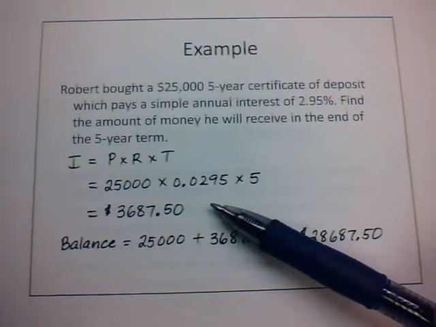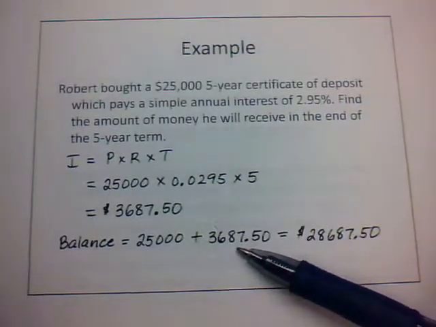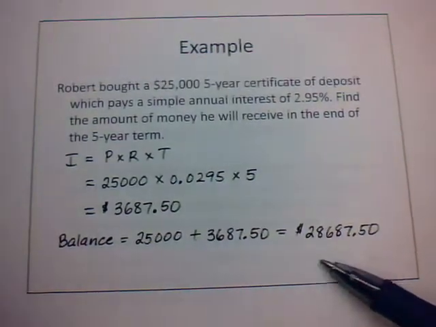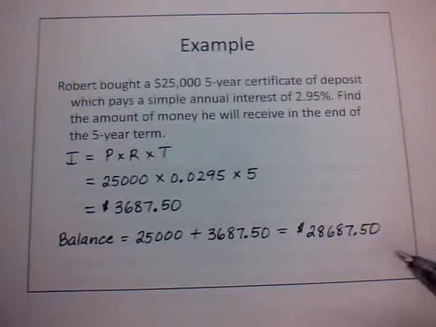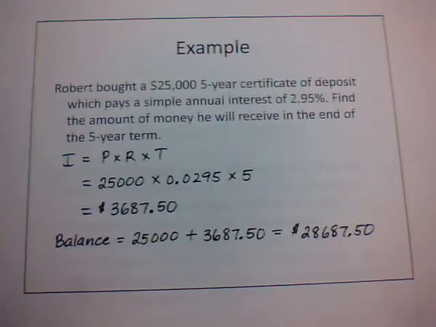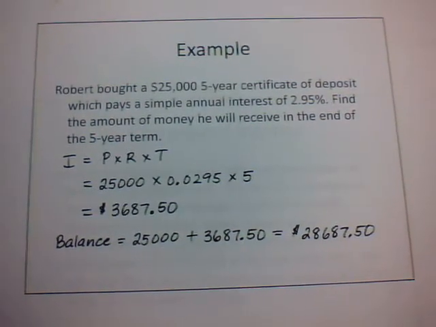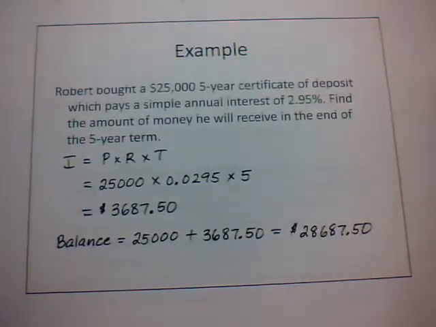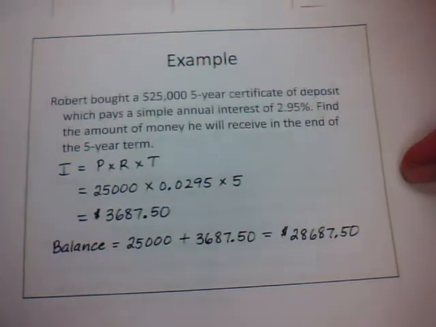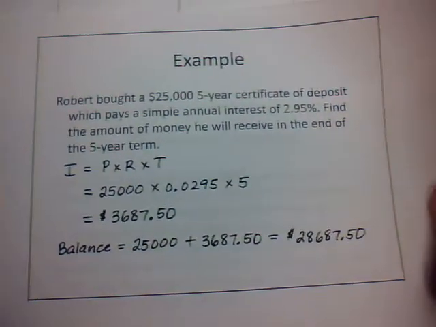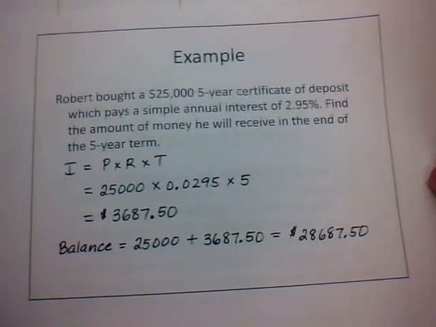So the amount of money he will receive at the end of the 5-year term, if you add that to the $25,000, that grand total will be $28,687.50. That's how much Robert will receive at the end of the 5-year term.